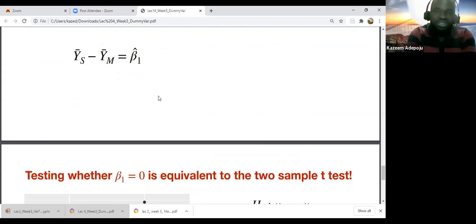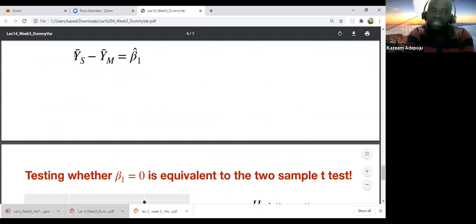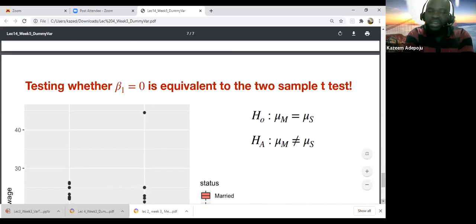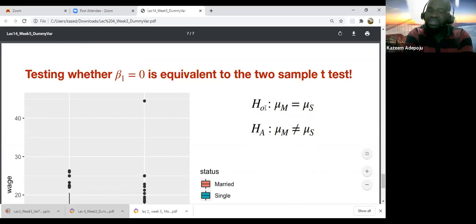This is the mean wages of singles in that place of work, and this is the mean wages of married. So testing beta 1 equal to 0 is more or less like testing whether the difference of these equals 0, which is equivalent to the t-test that you have done before.